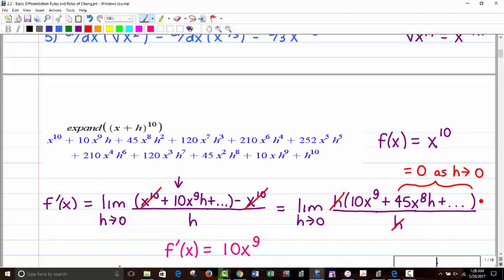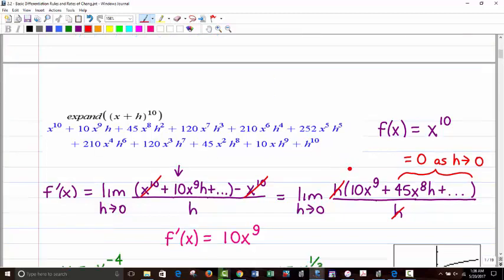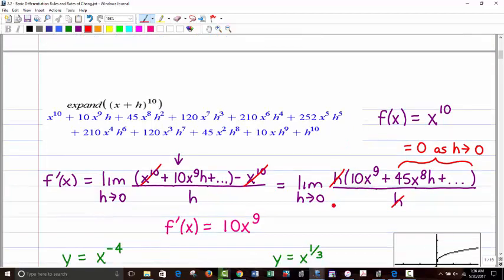You take the h out and cancel, but as h goes to 0 and you put 0 into all those remaining terms, they're going to get 0, and therefore you're left with 10x to the 9th, which is the correct answer. So needless to say, we don't want to do the derivatives the long way for those kinds of problems, but I just want to show you that.